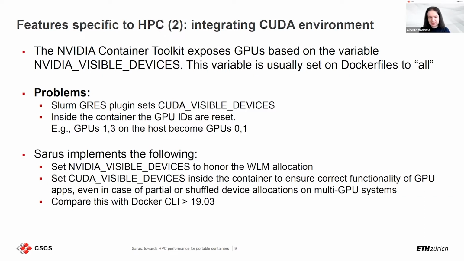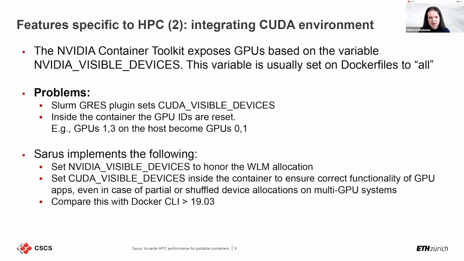So if the settings of the workload manager and the NVIDIA toolkit are not aligned, there is the risk, especially in multi-GPU systems, of exposing into the container different or additional devices than those which were allocated by the workload manager. Additionally, when we get into the container, the GPU IDs are reset, and this can potentially hamper the capability of applications in the containers to use the GPUs because they're looking for a different ID.